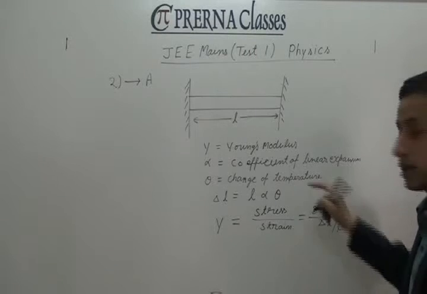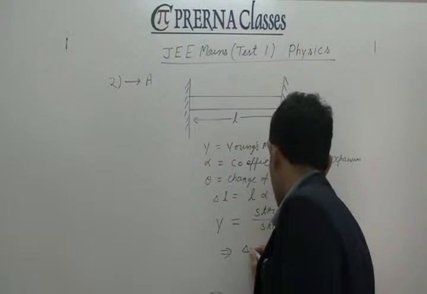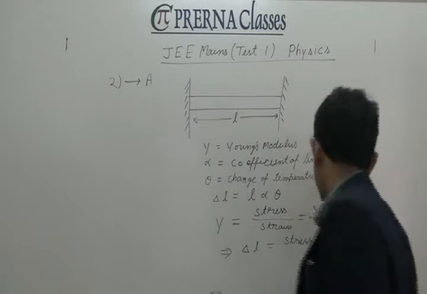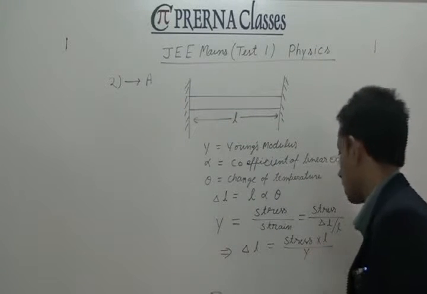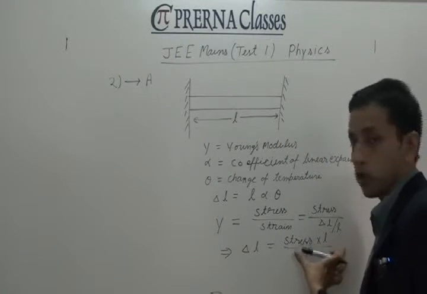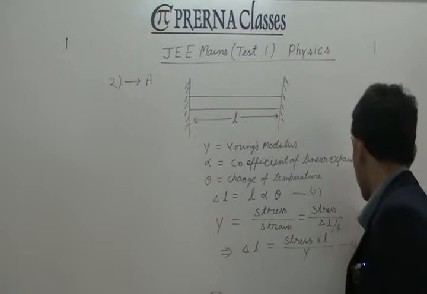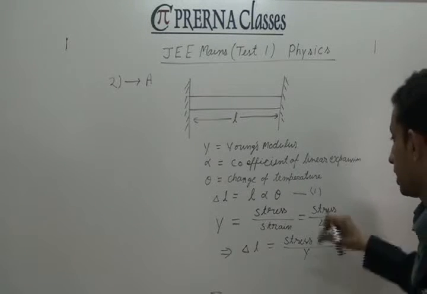Now we will compare these two equations. Here we will get delta L equal to stress into L by Y. Now delta L from the second equation and delta L from the first equation, these two we will equate.